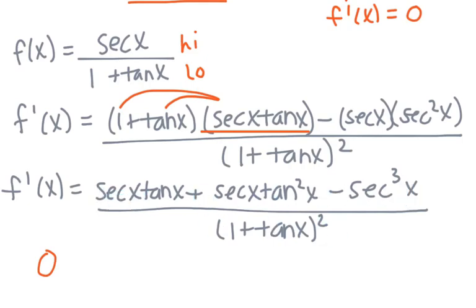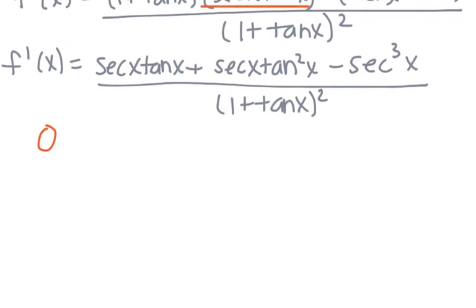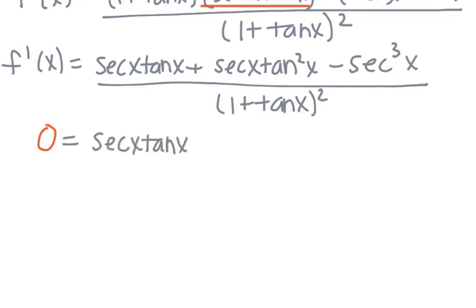So we actually get to ignore this denominator, because if this were equal to 0, we would just multiply that over and it would disappear anyways, because only the numerator is important when trying to figure out when a fraction equals 0. Okay, so we're going to set that numerator equal to 0.